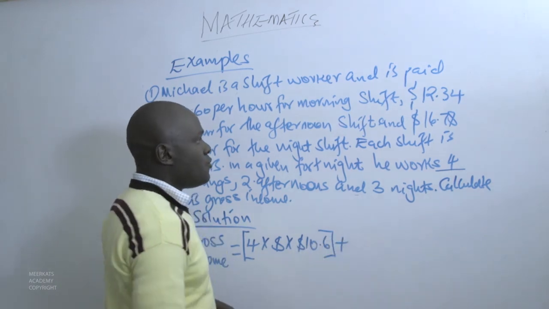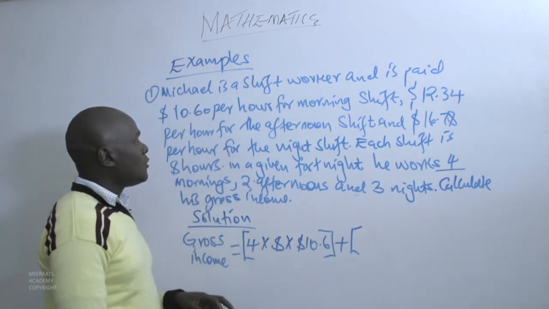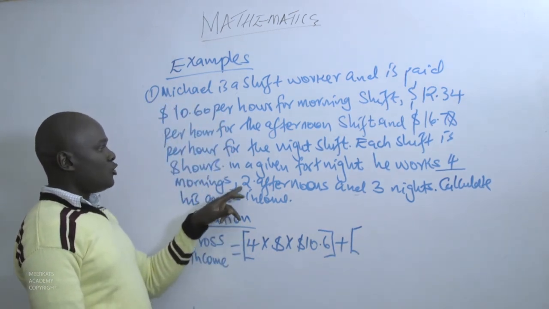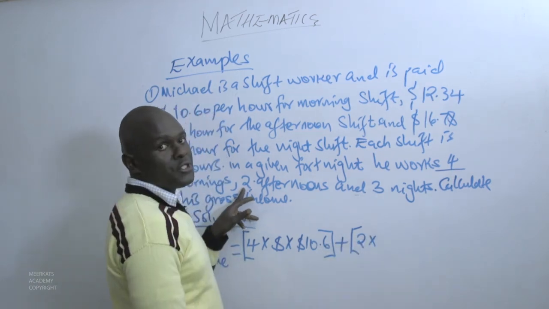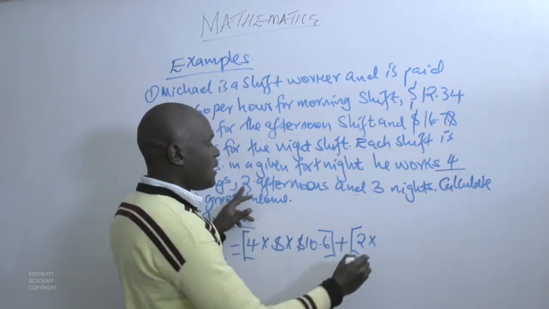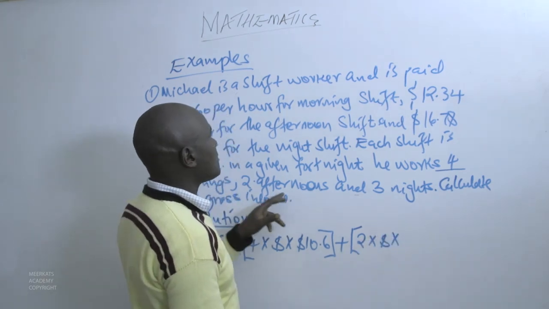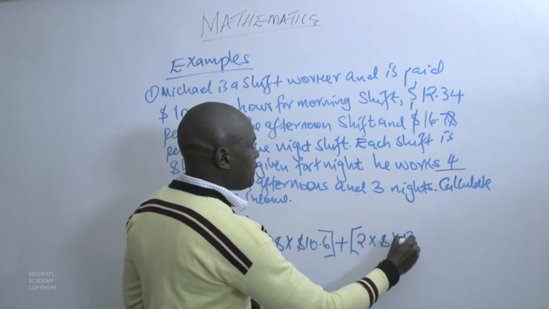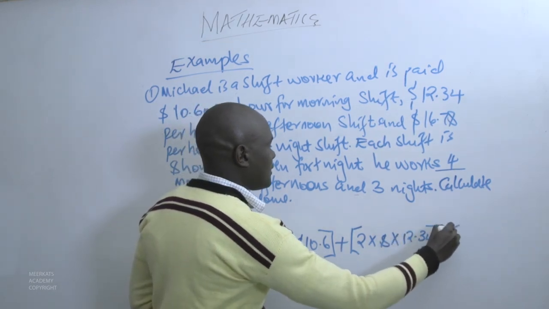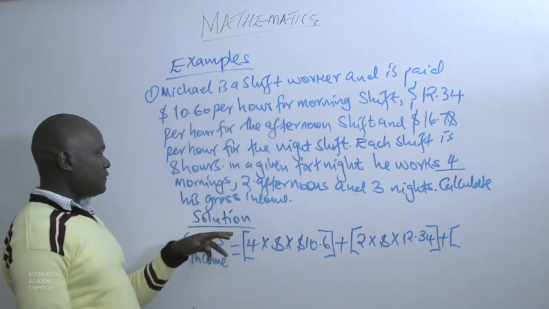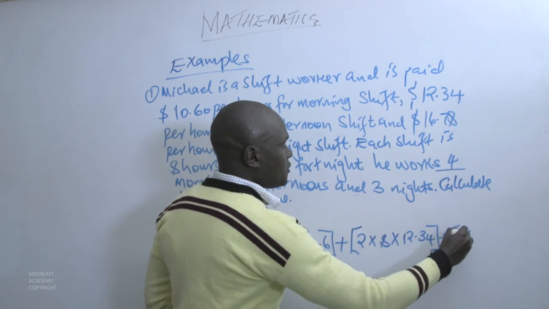Then we add on those afternoon shifts. How many were they? Those afternoon shifts were only 2. And we were told all shifts last 8 hours. Multiply by the afternoon rates, which are 12.34. And lastly, we look at the night shift. Michael did work 3 night shifts.